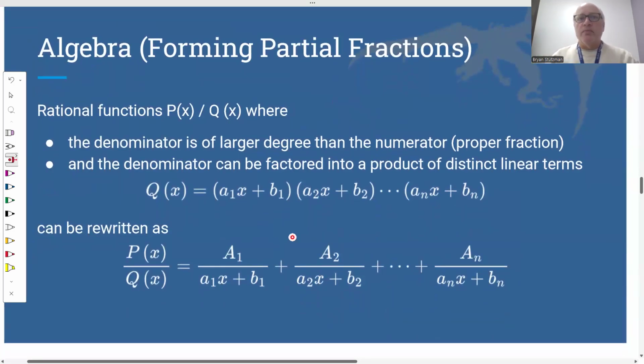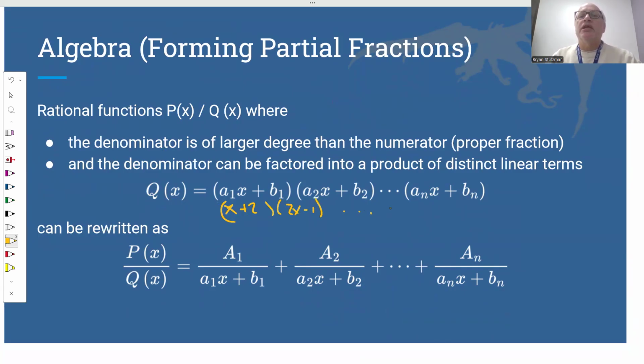Well, how do we find those fractions? We're going to use a technique called partial fraction decomposition, where if you have a rational function where the denominator has a larger degree than the numerator, and I can factor the denominator into a bunch of linear terms, for example, like x plus 2 times 2x minus 1, and keep factoring until I get to the nth degree, then I can rewrite this rational expression as a sum of fractions where the denominator is each of the factors, and the numerator is just a constant.